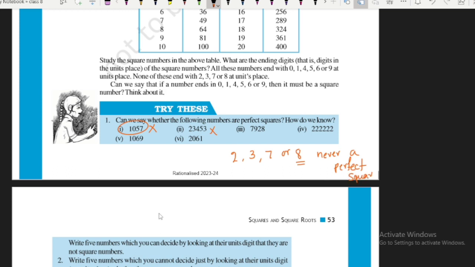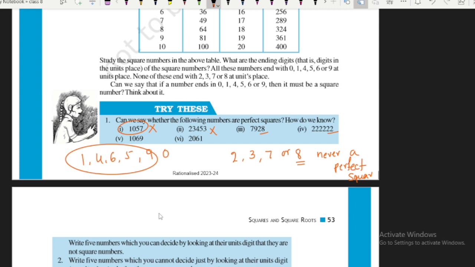Here you can see it is ending with 8, it is ending with 2. Means it is not like that. If a number is ending with 1, 4, 6, 5, 9 or 0, then it is not always a perfect square.